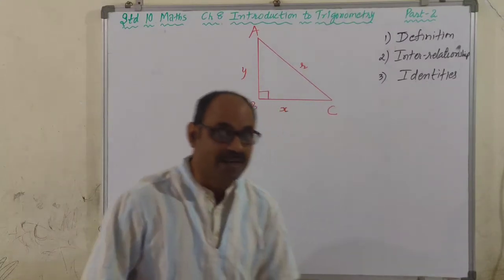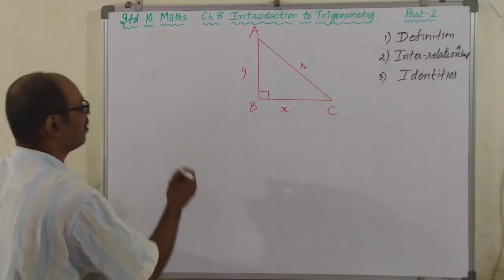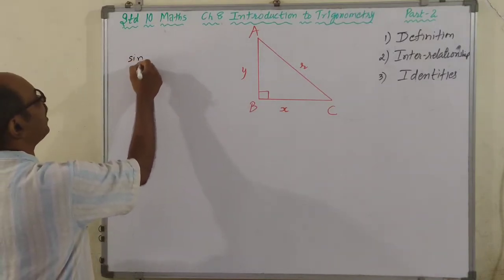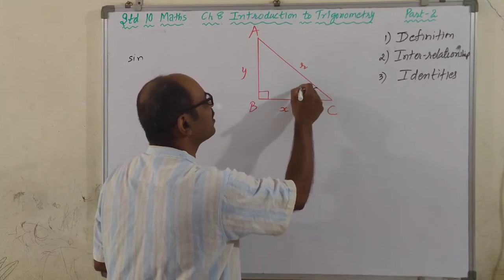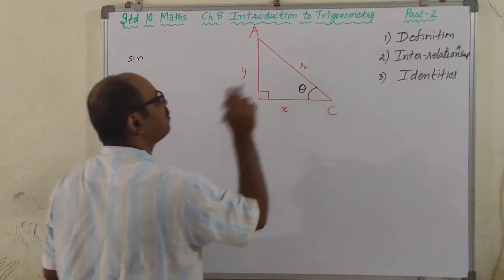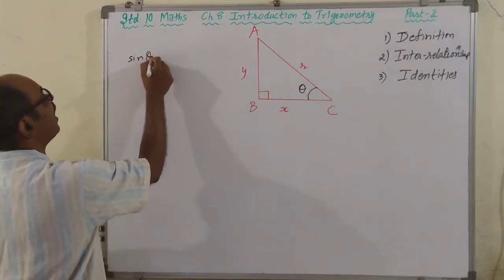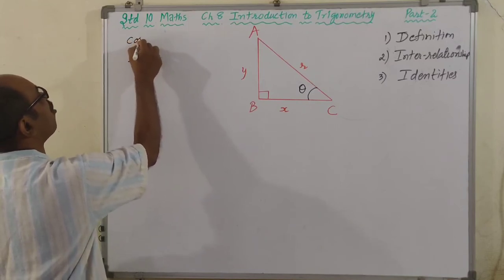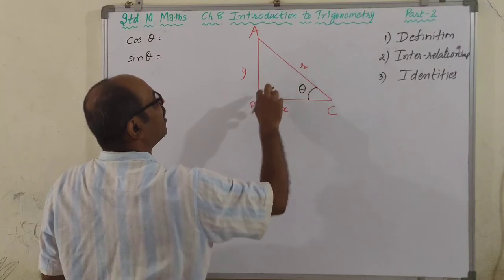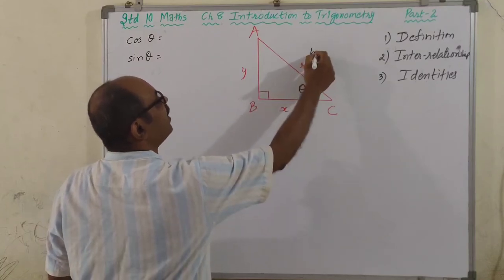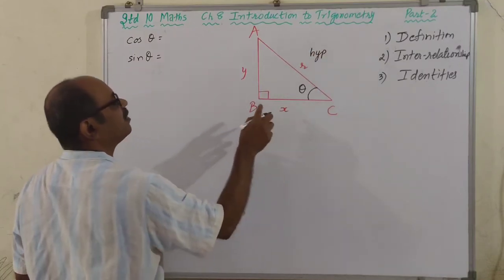As per yesterday's definition, tell me, what is sine? One angle we will take. Which angle? C. Let's call it theta. So with respect to this angle theta, first let me take cos theta. Right angle is B, the side opposite to that is hypotenuse.